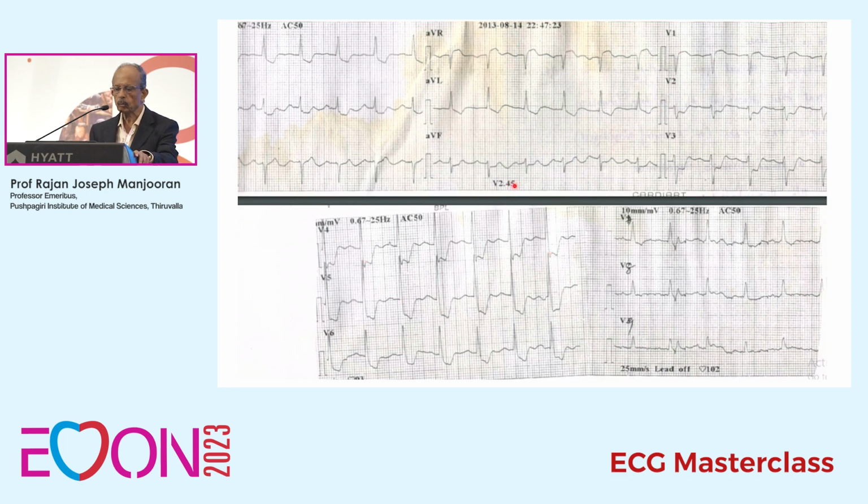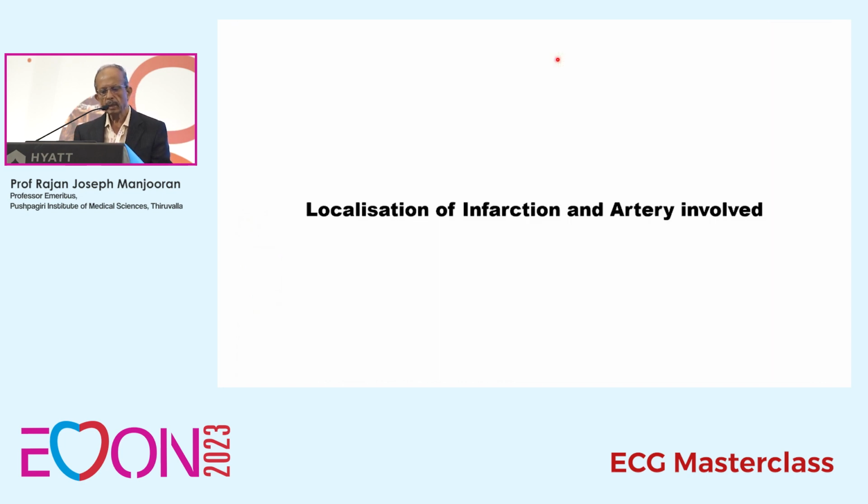If the ST elevation is more in aVR than in V1, there is a suggestion that more likely the left main is involved. And if there is an ST elevation more in V1 than in aVR, it may indicate that the involvement may be proximal LAD. Now let us look at how to localize infarction and the artery involved.